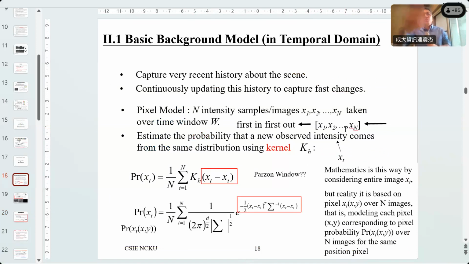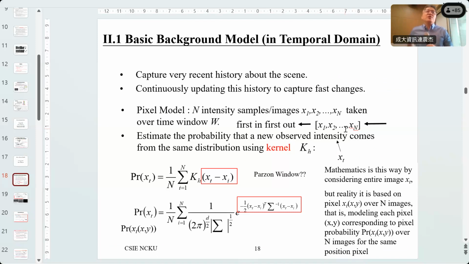So I will ask you, what's different for the physical meaning? What's different between the average value and median value? I give you 60 pixels. You find the average. And then I give you 60 pixels. You find the median.